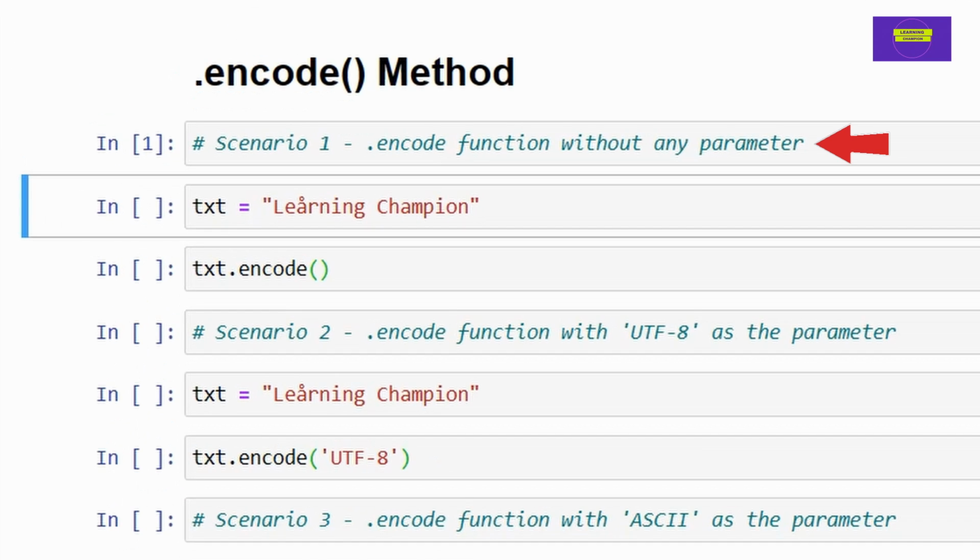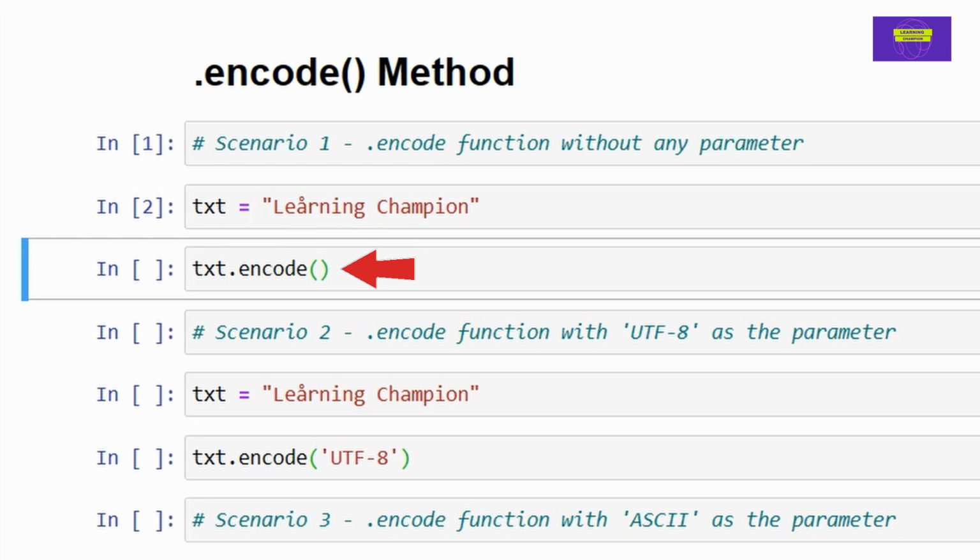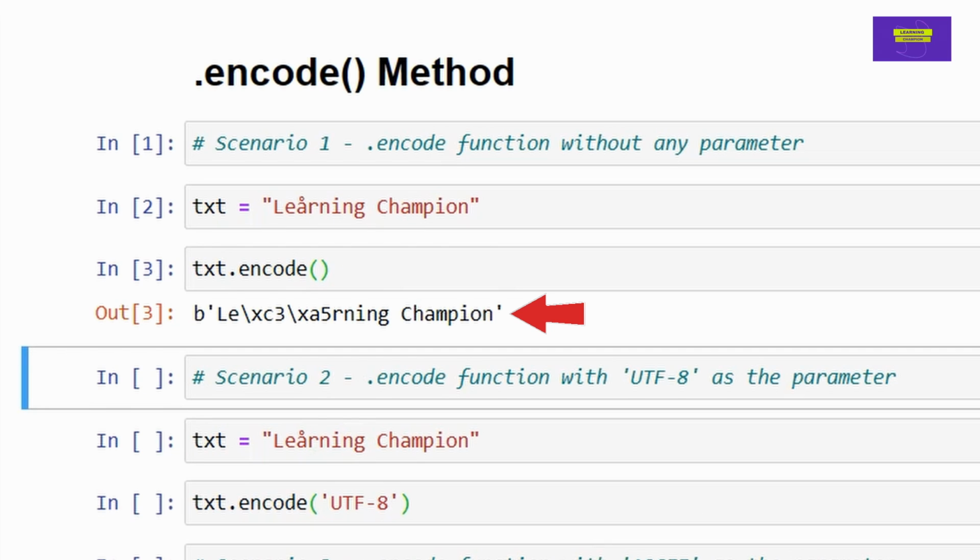First, look at this example. We have a string, learning champion, and notice that we have a special A included in our string. When we called the encode method on it, the output is the encoded string done using UTF-8 encoding, which is the default encoding in case no encoding is mentioned.